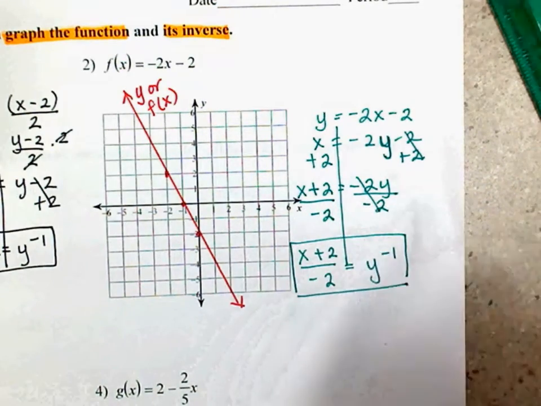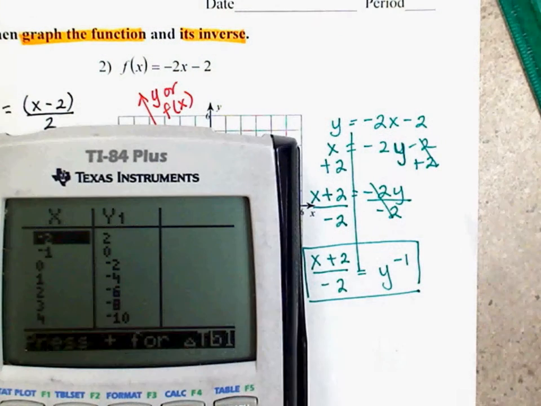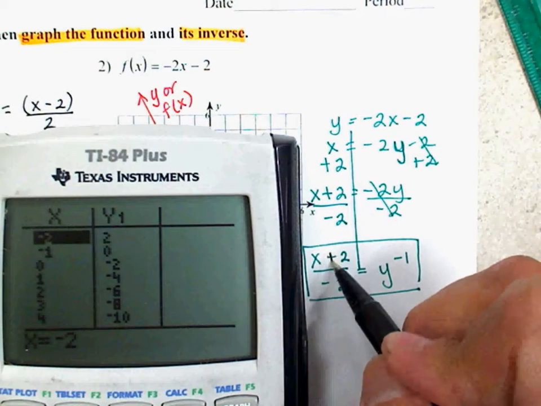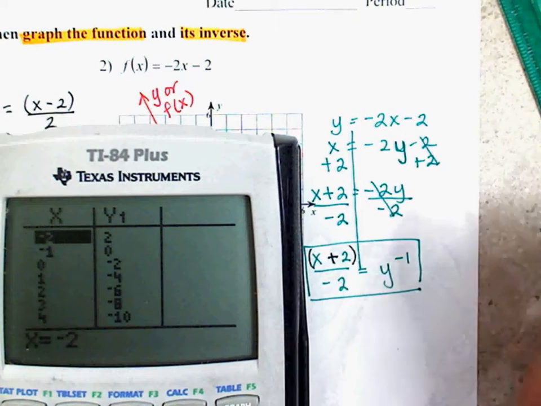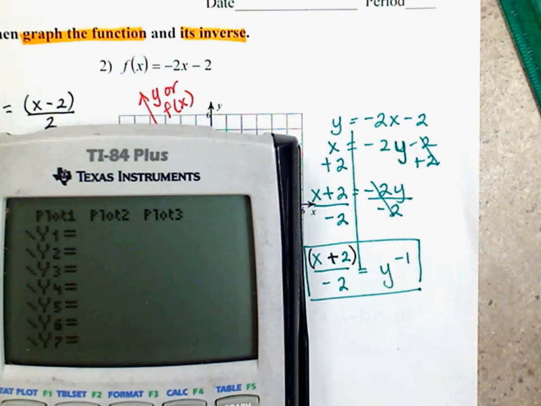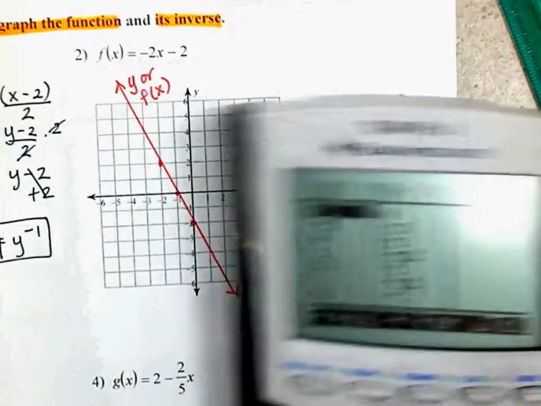Okay? Now when you graph this one, make sure that you put parentheses around the top because you got a plus here, so put parentheses around that when you type it in. So y equal parentheses, x plus 2 in parentheses, divided by negative 2. Not minus 2, but negative 2. Go to your table, and let's plot these points.